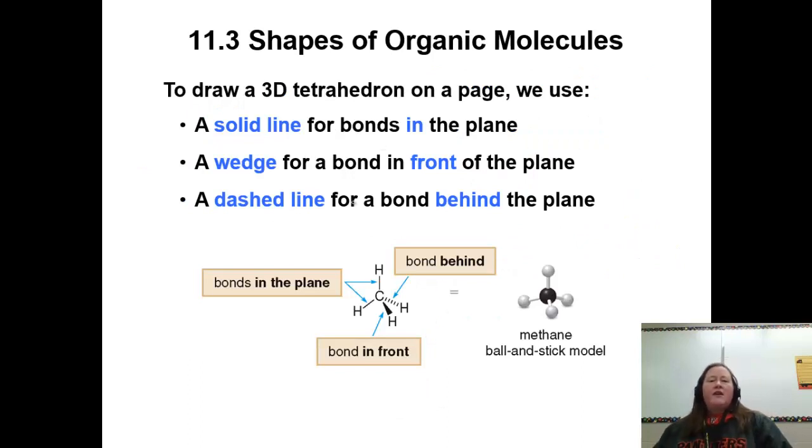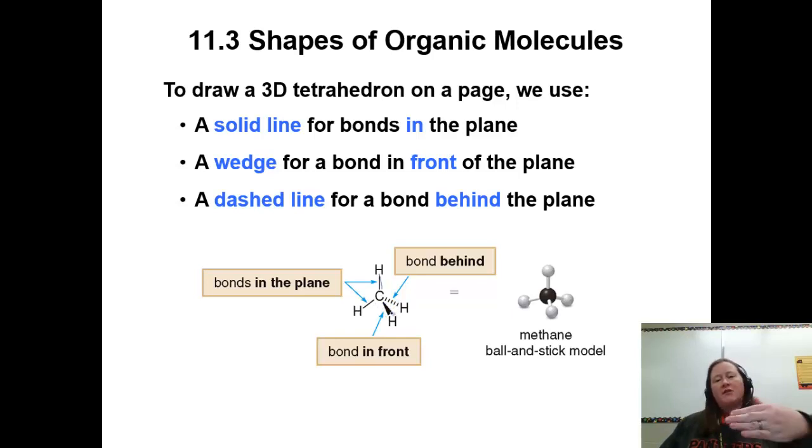So when we are illustrating three dimensions on a page, sometimes you will see these features right here. Any bonds that are within the plane of the central atom are just drawn with a single dash. If there's an indication that a bond is sticking out in space at you, it'll have this wedge.